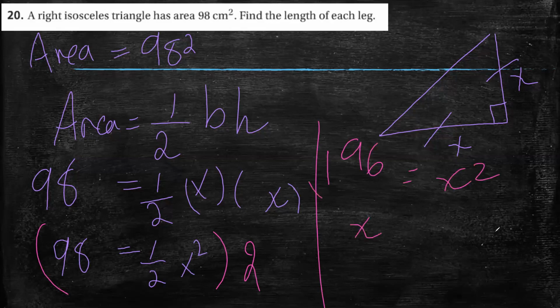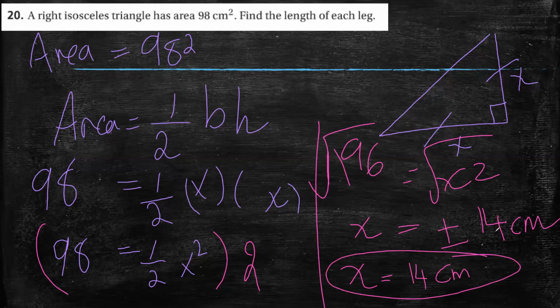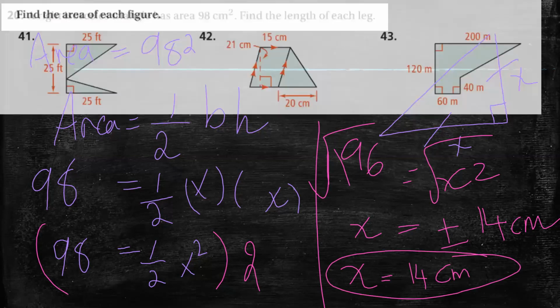So x is the square root, positive or negative 14. What is the unit? Centimeter. Now, can a dimension of the triangle be negative? No, only positive. So the length of each leg is 14 centimeter. Is it clear? Yes.